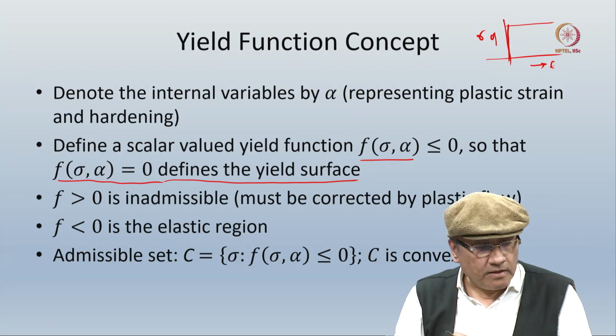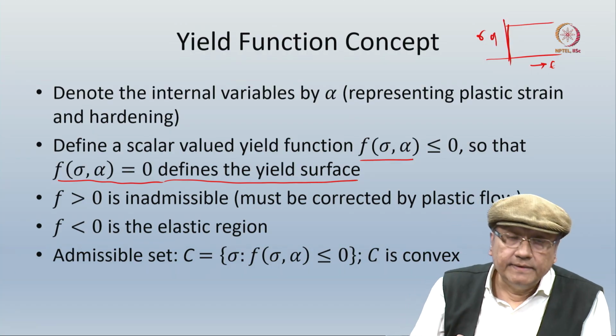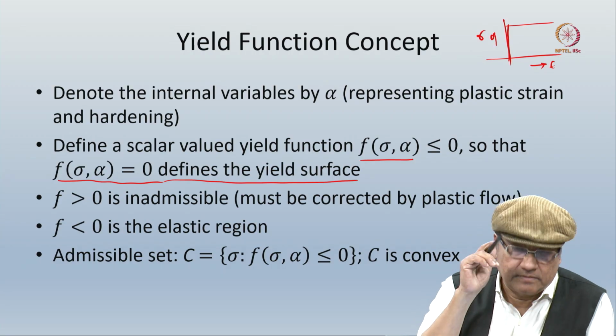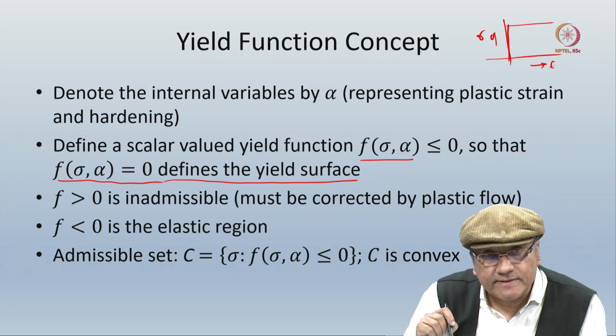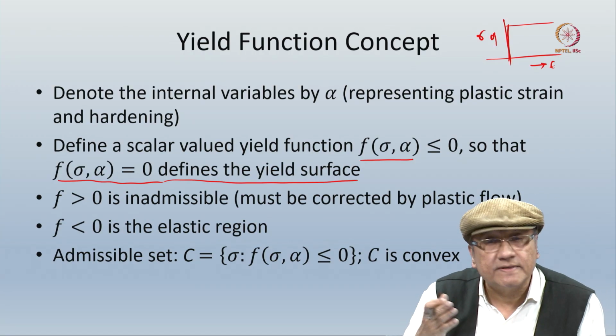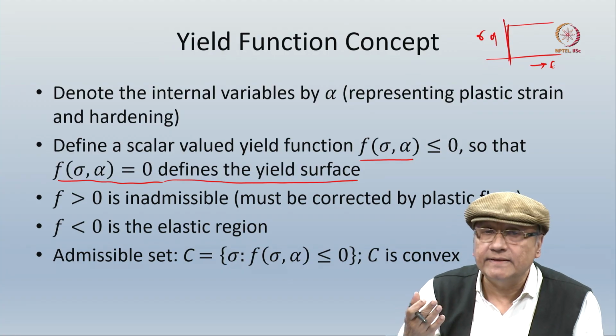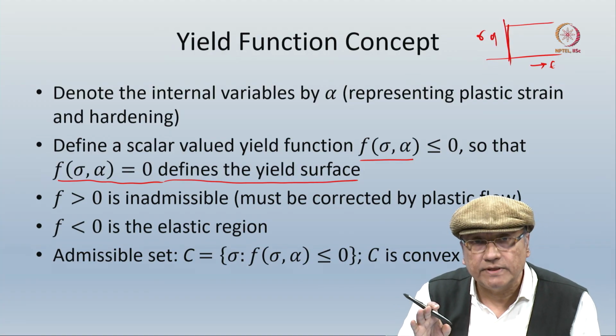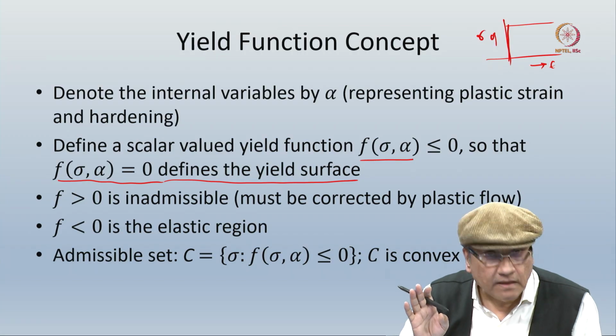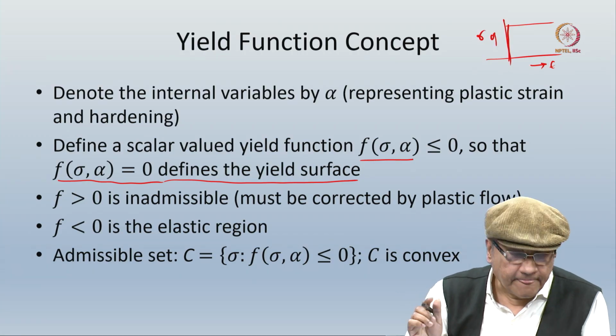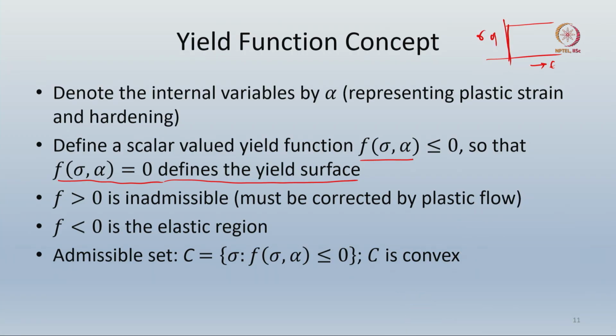Now we have two cases. One is f less than 0, in which it is a perfectly elastic, reversible response. So anything that we have studied in elasticity theory is applicable. There is no plastic flow, and f equal to 0 corresponds to the possible plastic response.